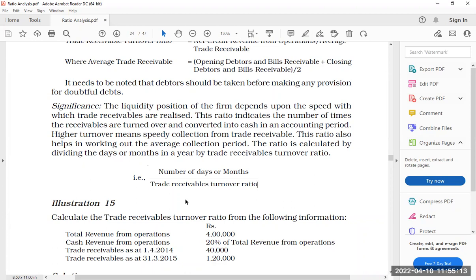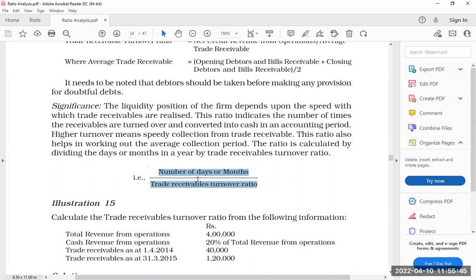Take the second company. What's the answer for receivable turnover ratio? 2. 320 divided by 160 is equal to 2. 2 is the number of times of receivable turnover ratio. Now bring that 2 into this formula. This formula is going to give me the average number of days required for collecting my money, debts from the debtors, from the customers.